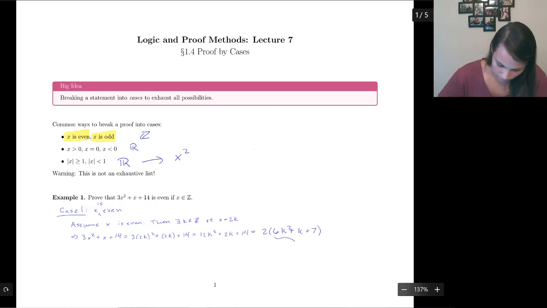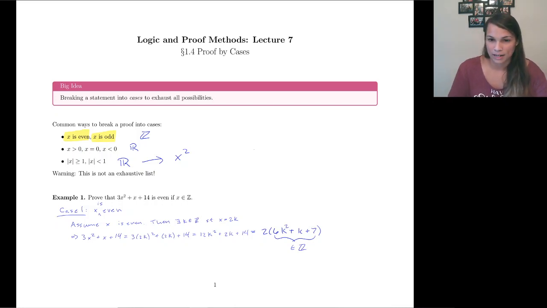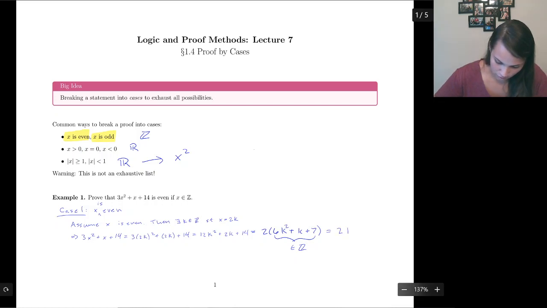And then we can see that this is going to be an integer because all we're doing is multiplying and adding integers together. So then I can write this as 2 k bar for some k bar equal to k squared plus k plus 7, which is in the integers.